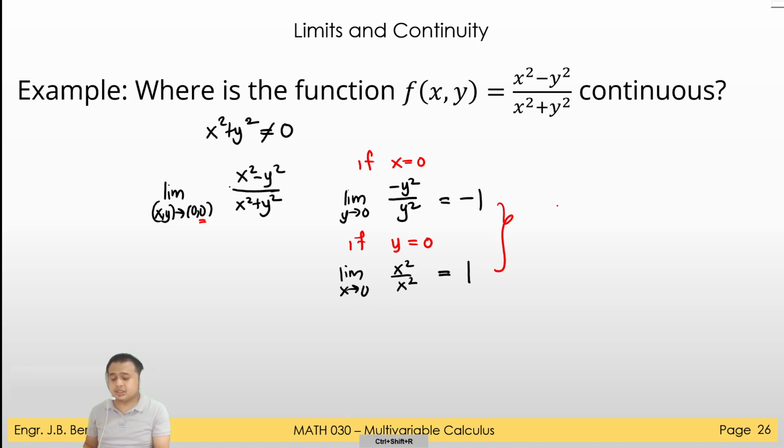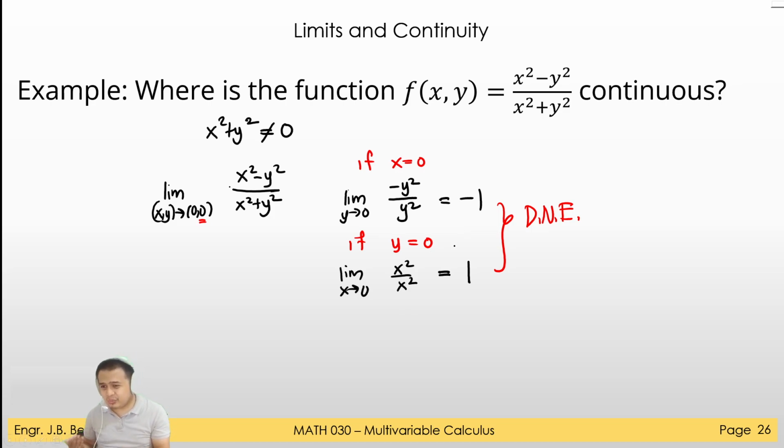So if there is a disagreement where we have different values for different approaching values, then the limit does not exist. Okay, so we can say that this will be discontinuous at this point.